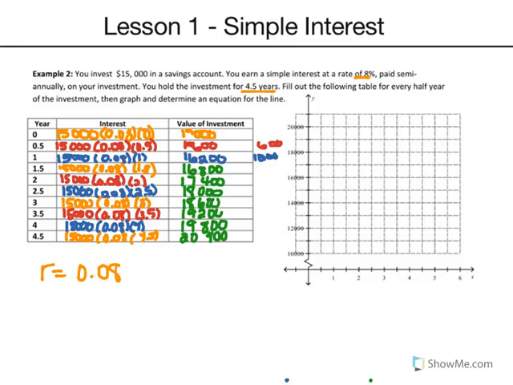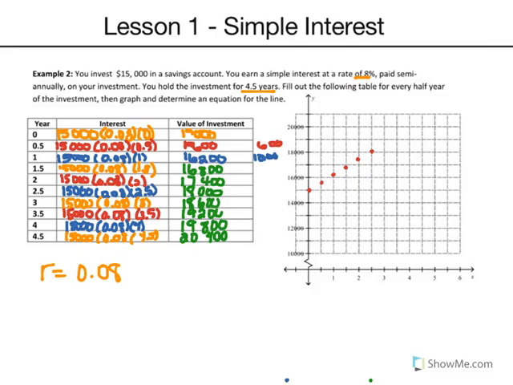So our 0 would be at 15,000. At 0.5 it's 15,600. At 1 it's 16,200. At 1.5 is 16,800. At 2 it's 17,400. At 2.5 it's 18,000.